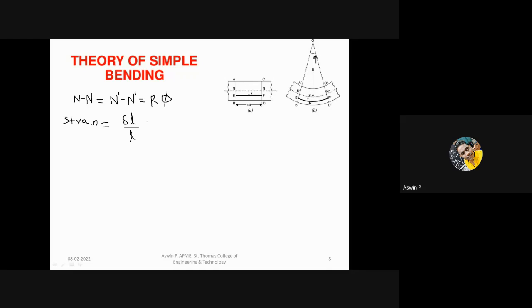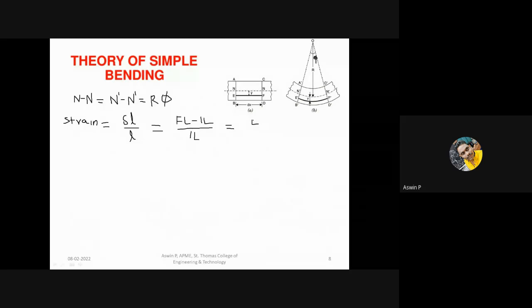So we must know what the change in length is. Finding the change in length, that will be the difference between the final length and the initial length. Final length minus initial length, divided by the initial length. What is the final length? E dash F dash, right?